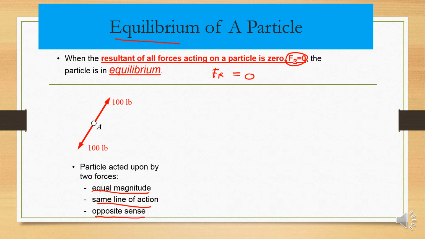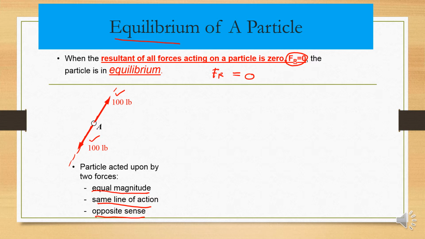Let's check it one by one. Equal magnitude: both have the same value of force, 100 pound and 100 pound, and the same line of action. Look at this, for example, this is a line of action. Both forces occur along the same line of action.